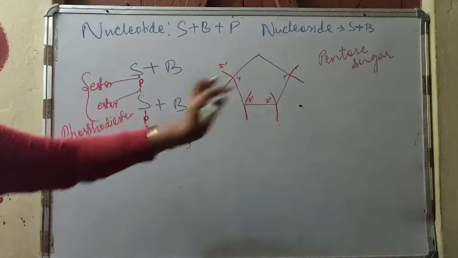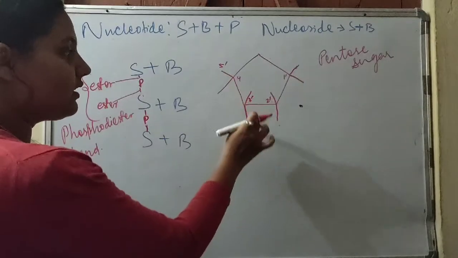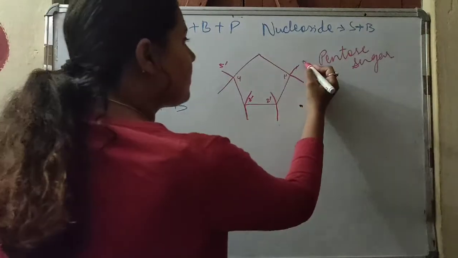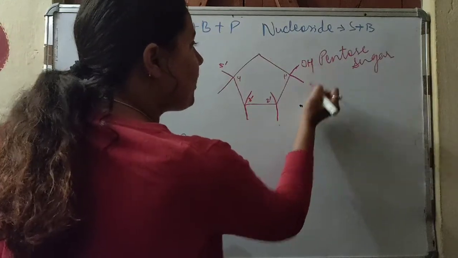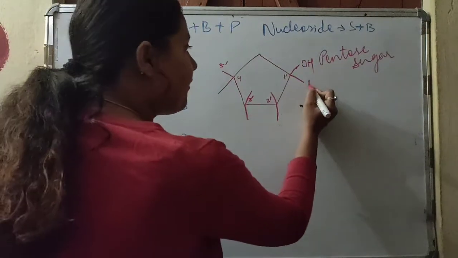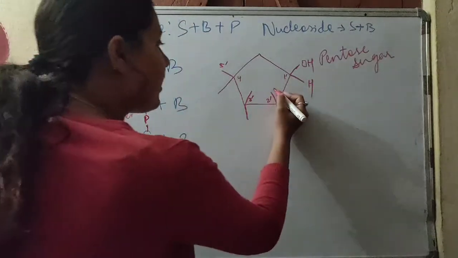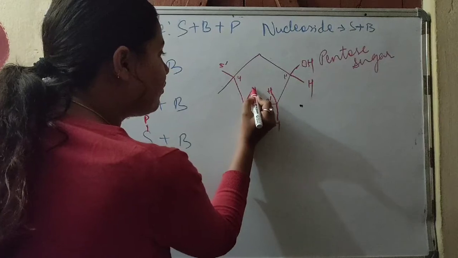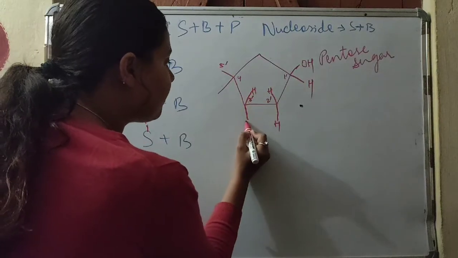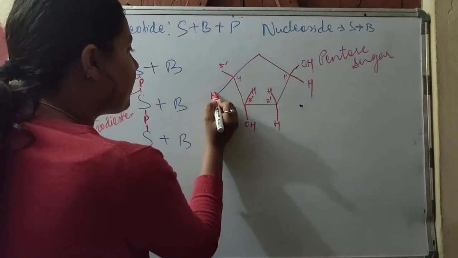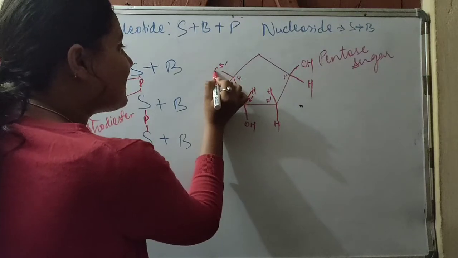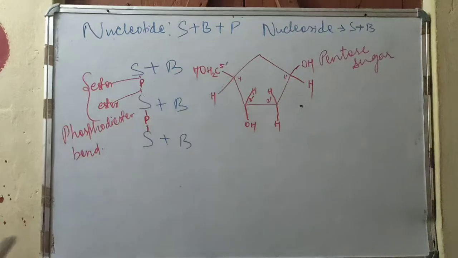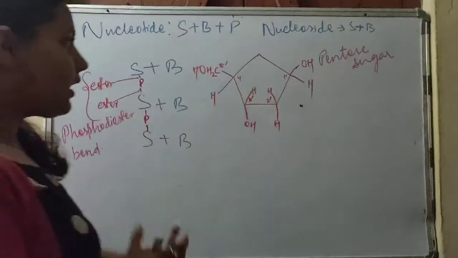See, it is looking like some kind of insect. Here are 2 legs and here are 2 legs, here are 2 legs, right? So here I will be having OH, here I am having H, here H, here also H, here H, and here OH, here H, and here CH2OH.